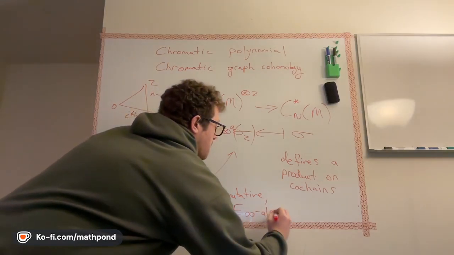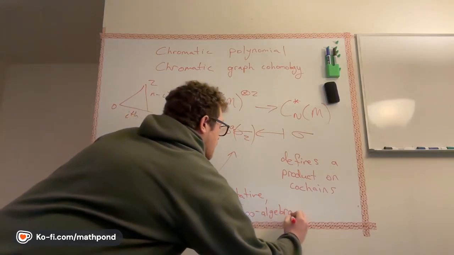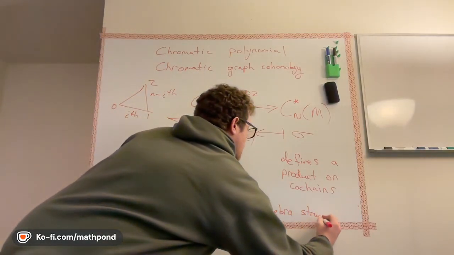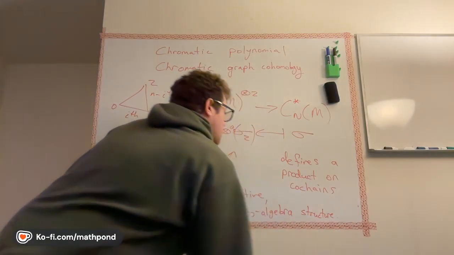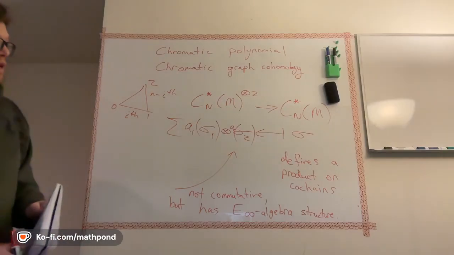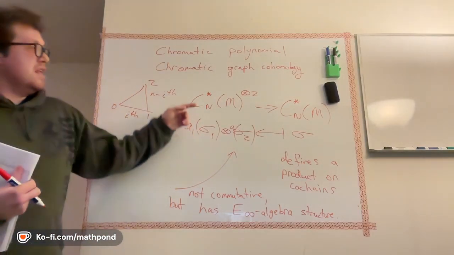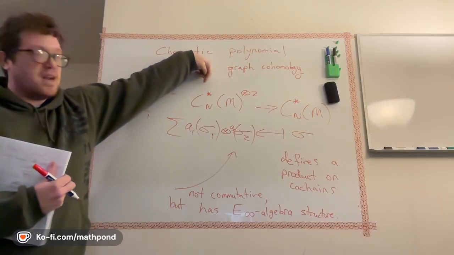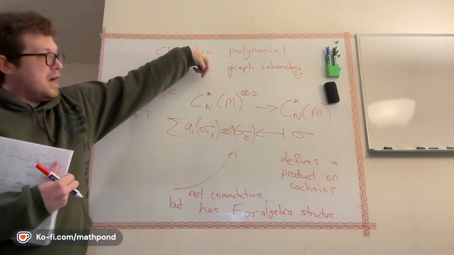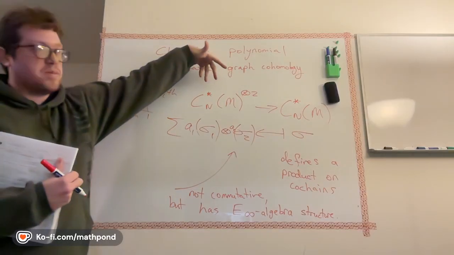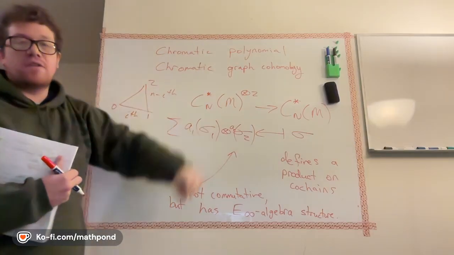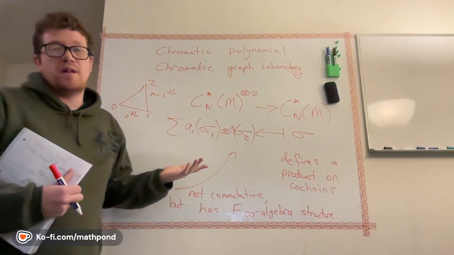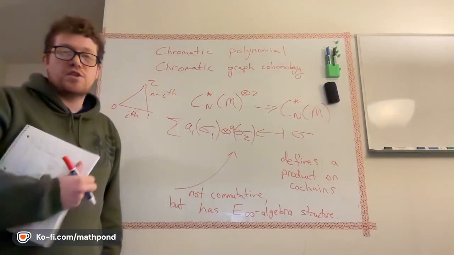So it's an E infinity algebra structure, which essentially means that I can take any number of these and multiply them in any order. And I might get different things, but there's some homotopy that repairs all of the differences between all the different ways I can multiply. So they're not actually equal to each other, but they're homotopic.